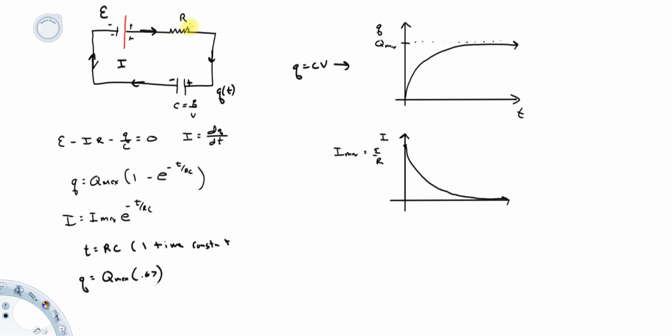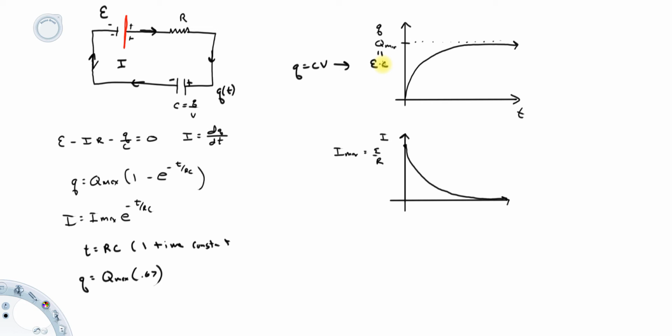Once the current goes to zero, there's no voltage across the resistor, and the equipotential goes right to here. The voltage across the capacitor is equal to the EMF of the battery. So at that point, the charge is at its maximum value, and it's equal to whatever that EMF is times the capacitance.